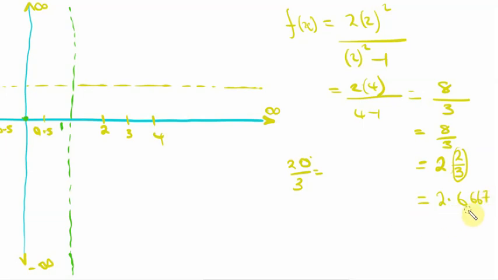Okay, so it's 2.66666, 2.67. Okay, leave it there, so that's 2.67.